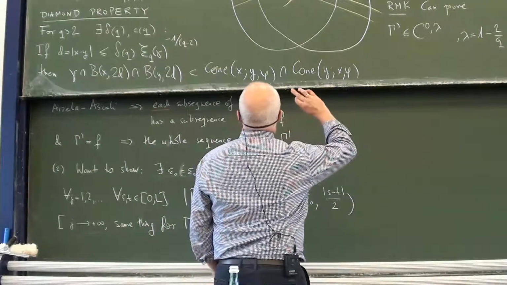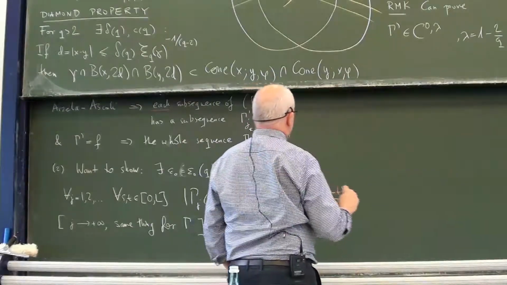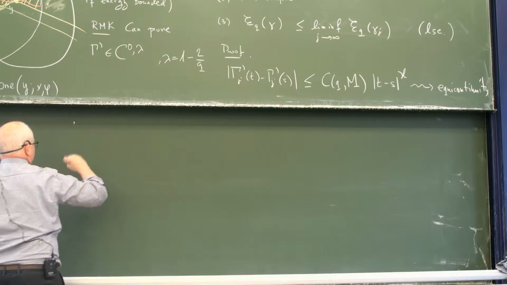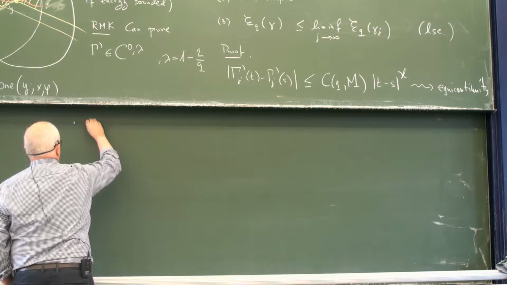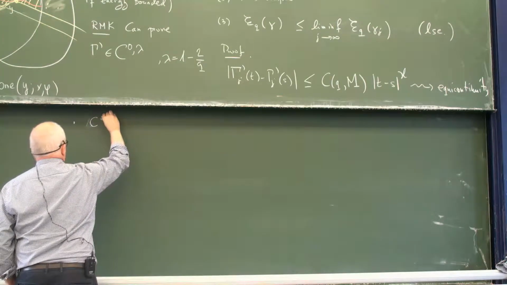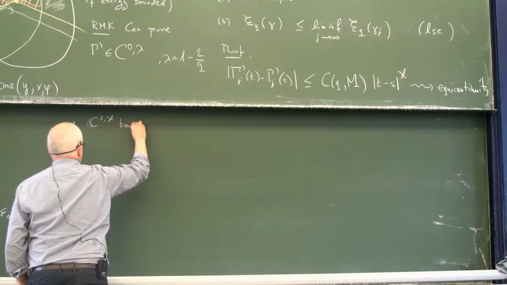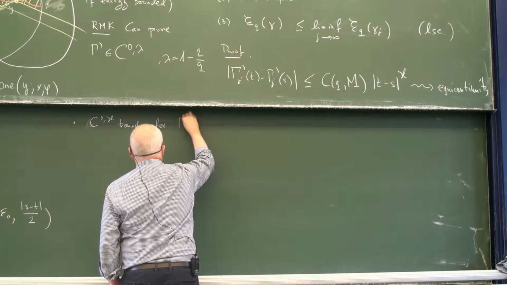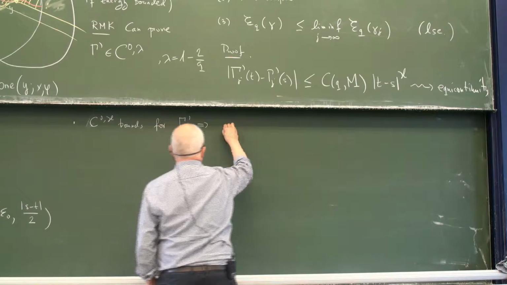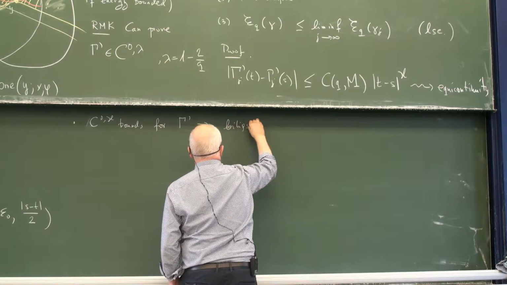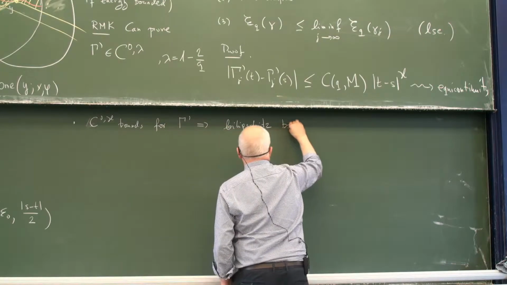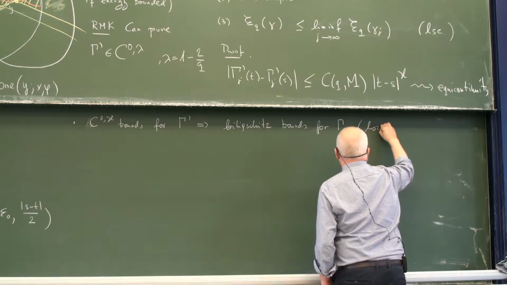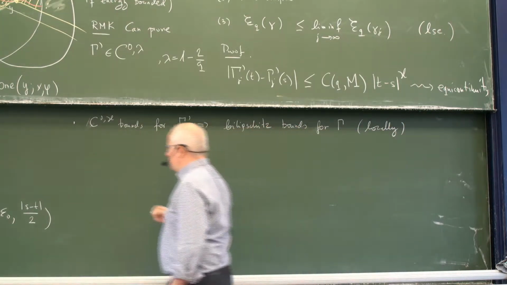So first of all, please recall that I'm dealing with the arc length parametrization, and so the first observation would be that C^{0,kappa} bounds for gamma prime imply Lipschitz bounds for gamma locally, and by this I mean the following.